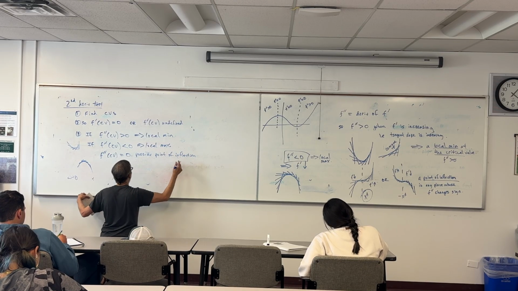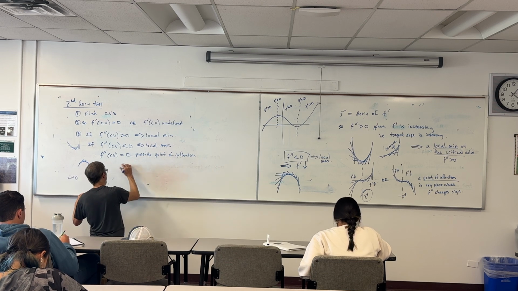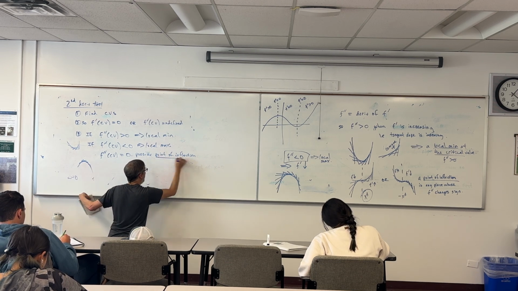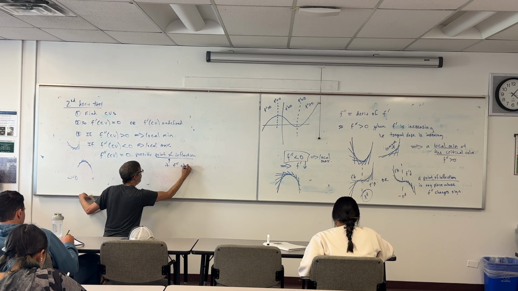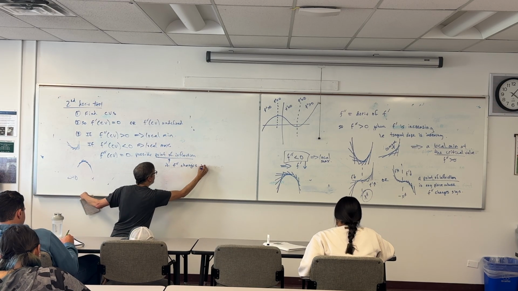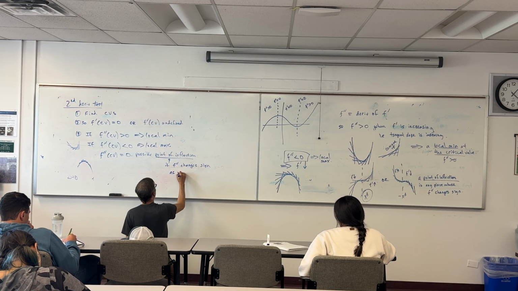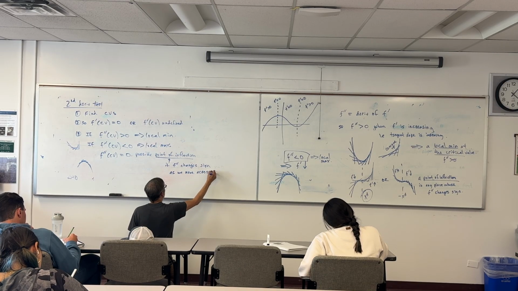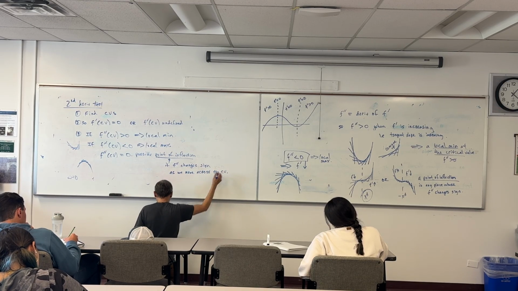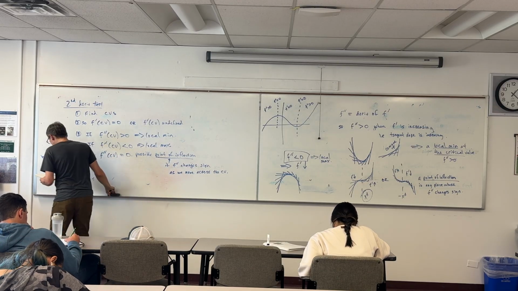And if this is the case, we want to know what the sign of f prime is on either side. So a point of inflection occurs if f double prime changes sign as we move across the critical value. And there we go.